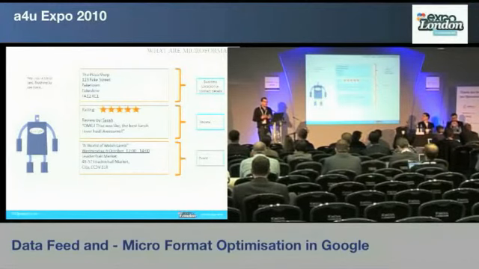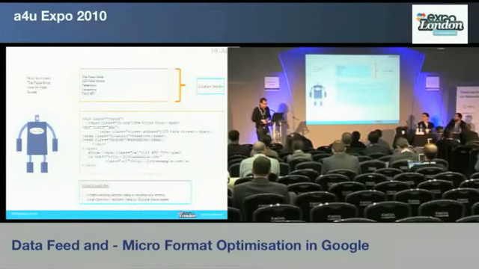They allow machines to have an easier time of understanding what that data is. So I'm going to show you some examples of that, but fundamentally the microformats that we can use now to enhance our search result pages in Google are designed to enhance addresses, ratings and reviews, products and events, and I'm going to talk to you about some of those now.